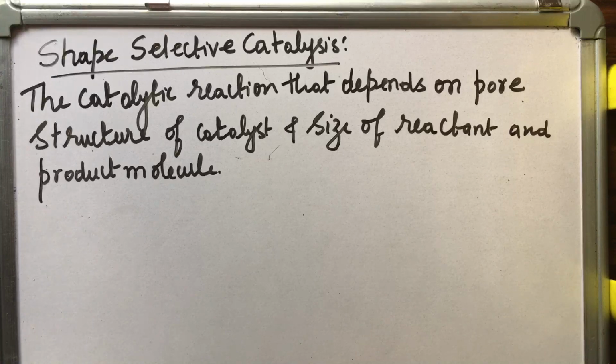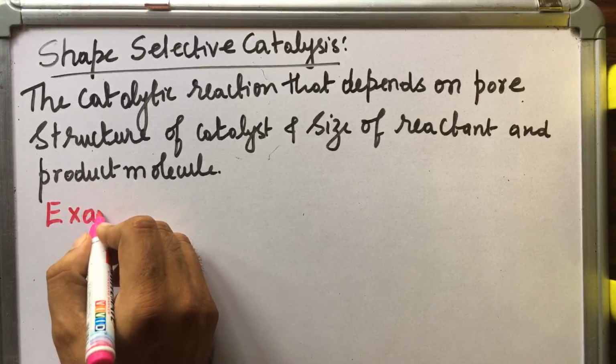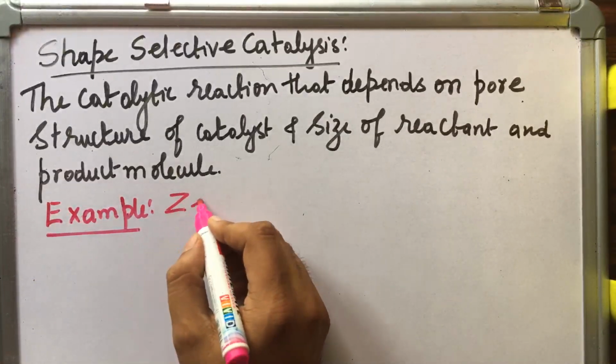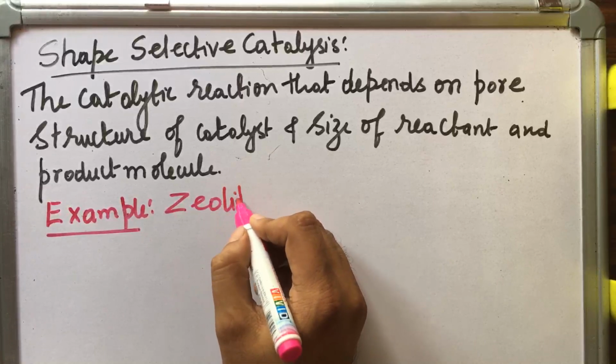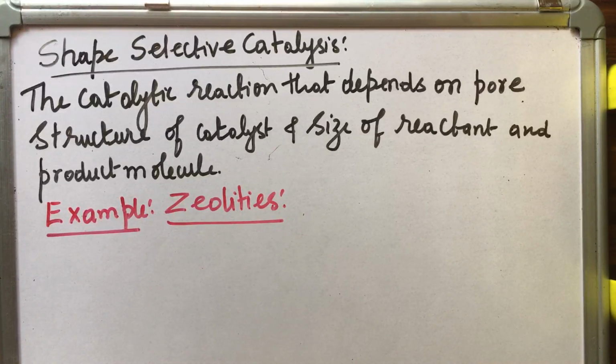Very important, students. Certain definitions have to be learned by heart in this chapter. Now, an example for shape selective catalysis is zeolites. Students, you have studied about zeolites in detail in your first PUC, P block elements, at the end of P block, group number 14.